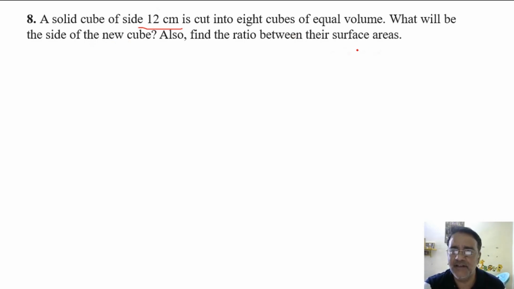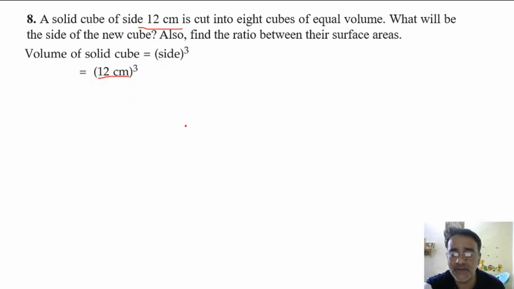And we have to find their ratio also, the ratio of surface areas. So let us start with the first, the big cube. Volume of a solid cube is side cube. So 12 cube. How much is 12 cube? Anyone? 1728.